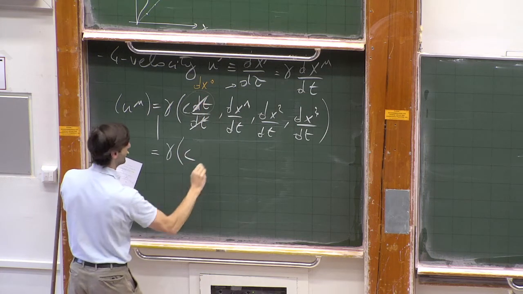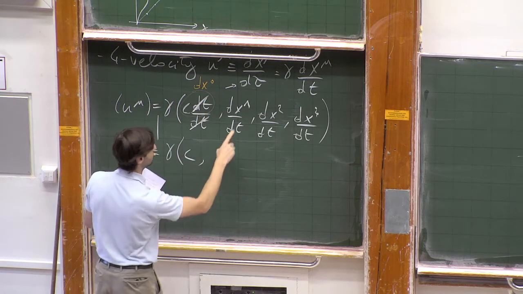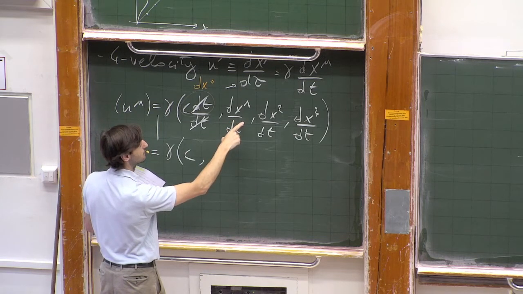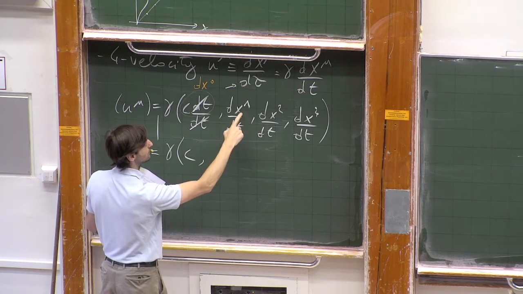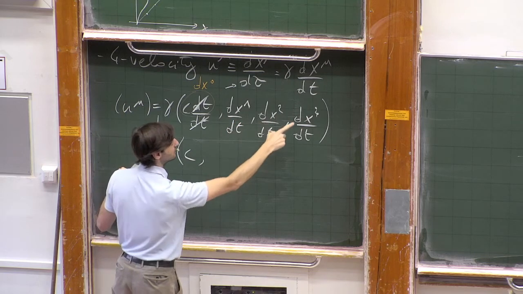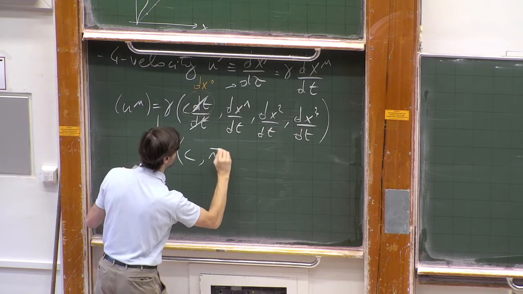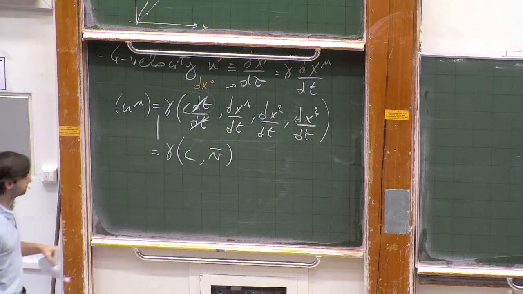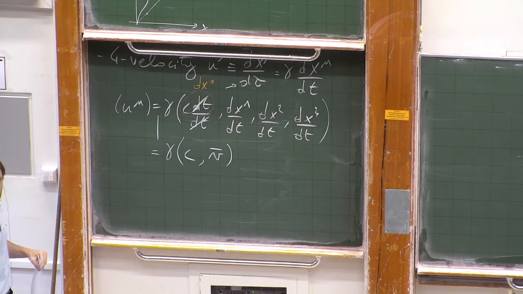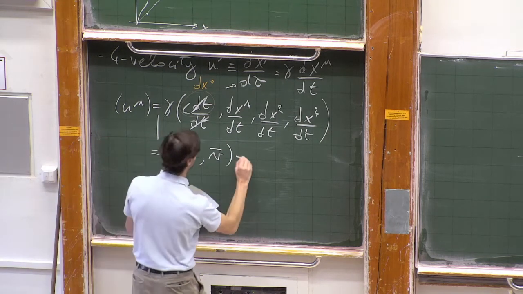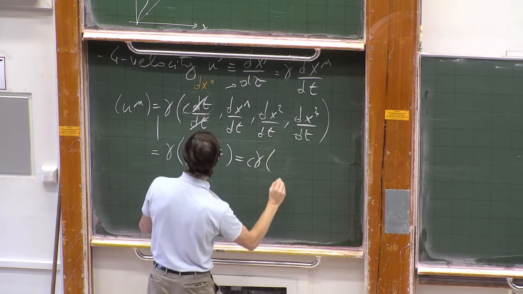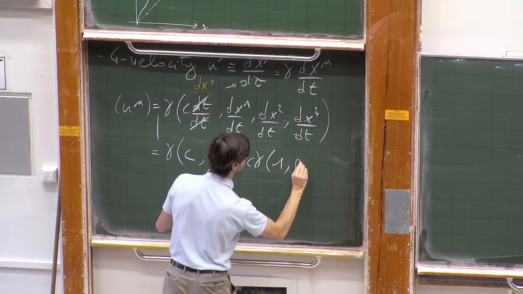So we have gamma c, and then we have the three-dimensional velocity. You see, we have dx1 over dt, dx2 over dt, dx3 over dt. And we can write it like that. If I want to group it as well, I can write it like that.